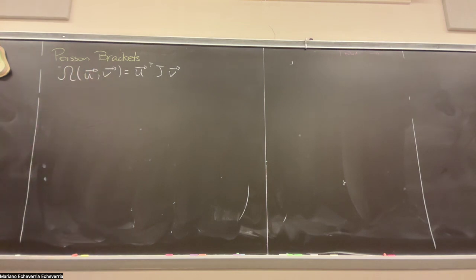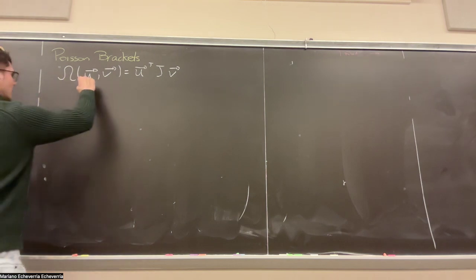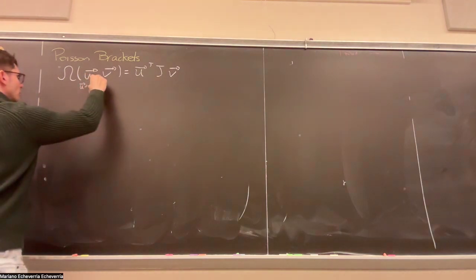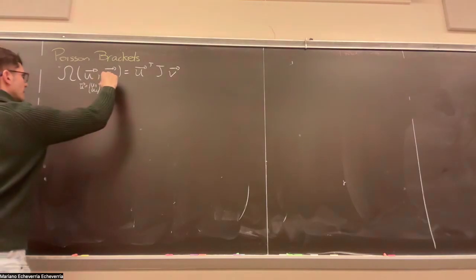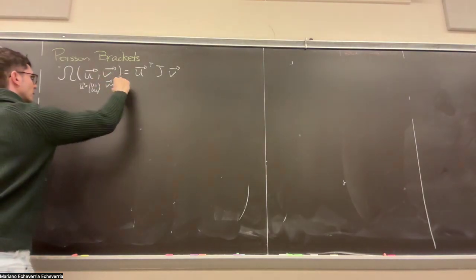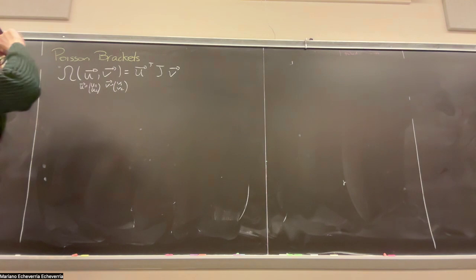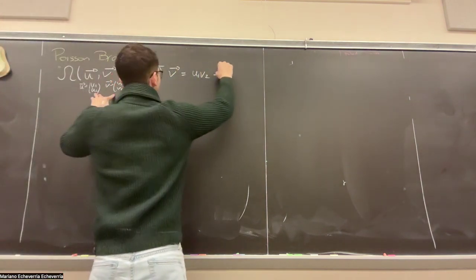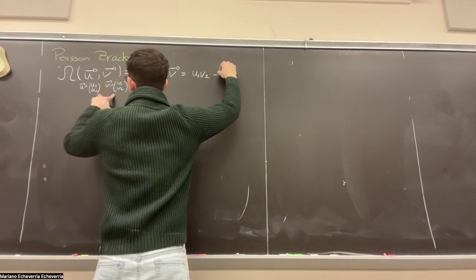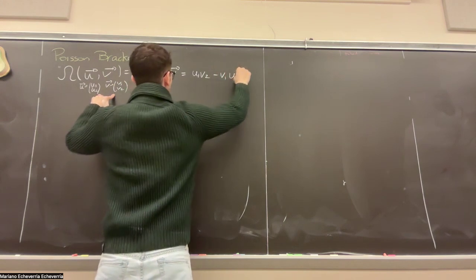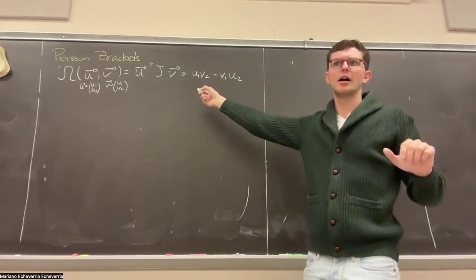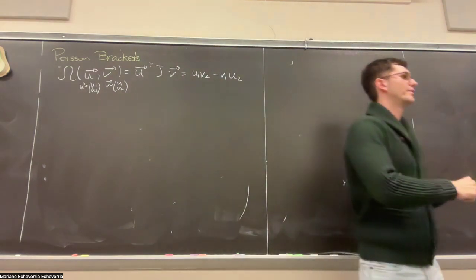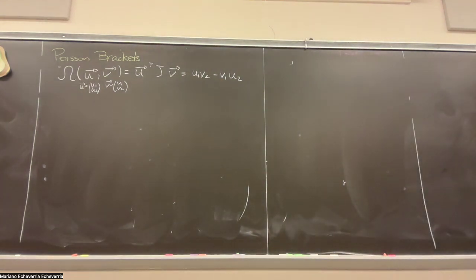You need vectors here. In fact, if U was U1, U2 and B was B1, B2, this ended up being U1 B2 minus B1 U2. It was really the area of the parallelogram with sides U and B, if you remember that definition.